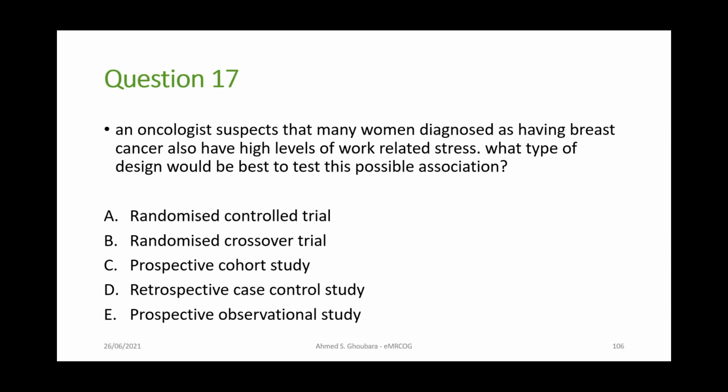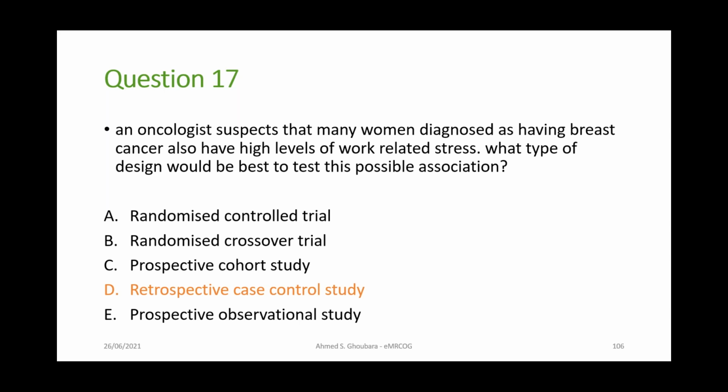What type of design would be the best to test the possible association? D, perfect. That's the correct answer.